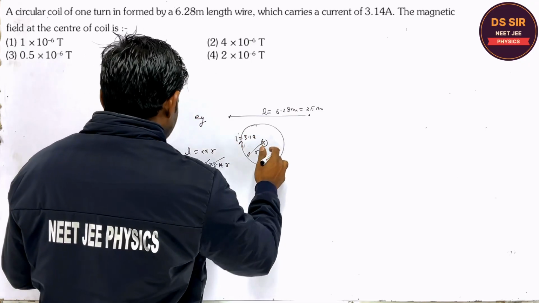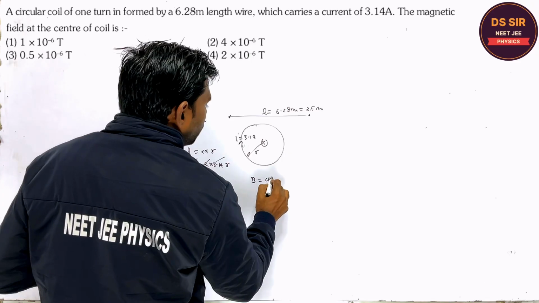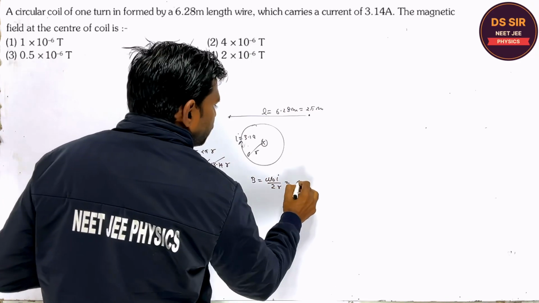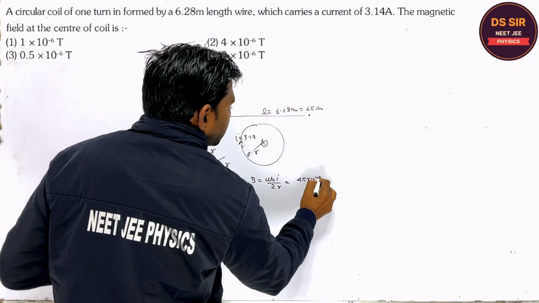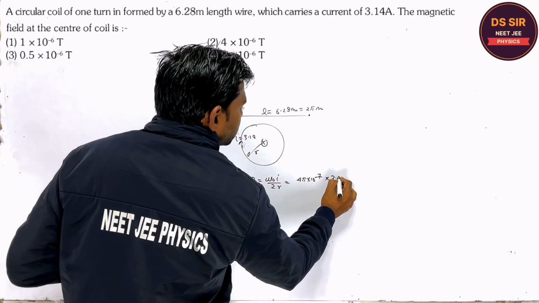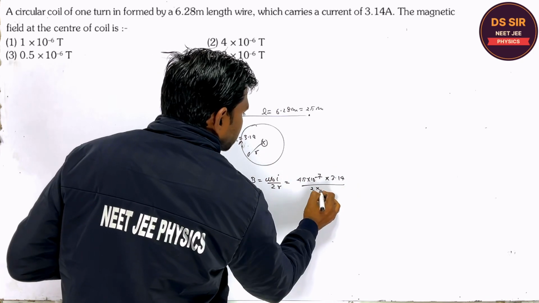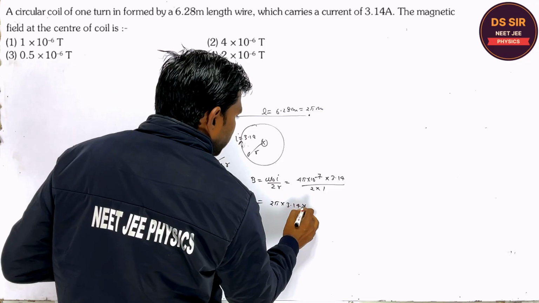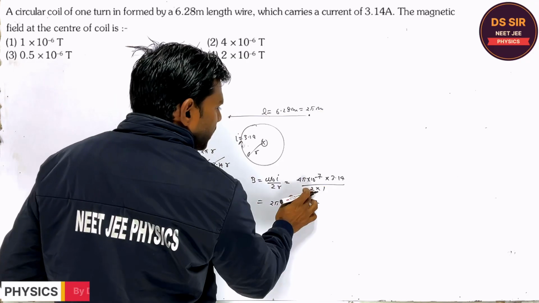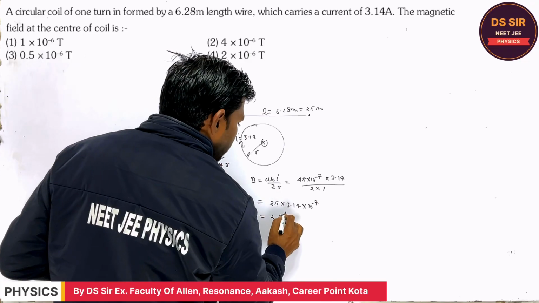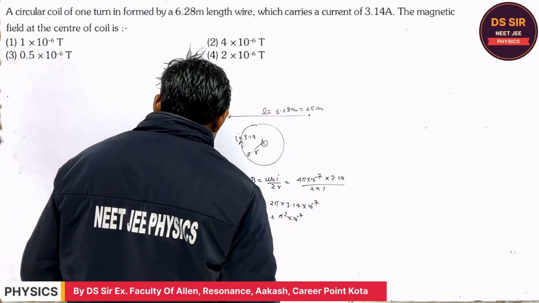They are asking the magnetic field at the center of the coil. So B is equal to what? Mu naught I upon 2R. What is the value of mu naught? 4 pi into 10 to the power minus 7. The current is 3.14 and the radius is 1. So it is equal to 2 pi into 3.14 into 10 to the power minus 7, which becomes 2 into pi square into 10 to the power minus 7.